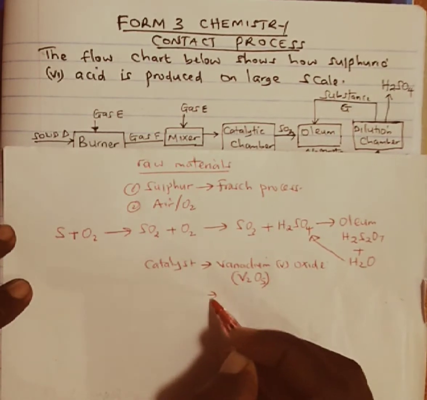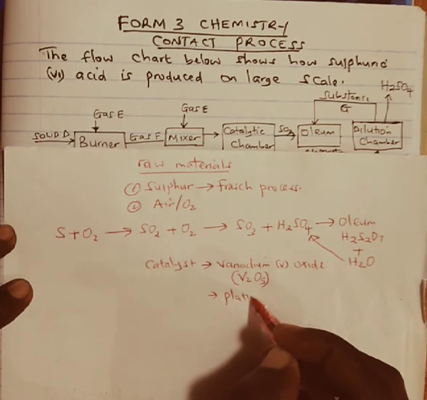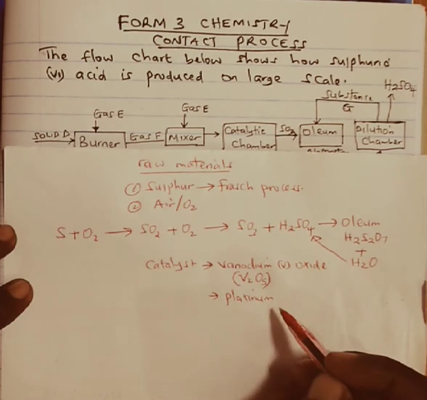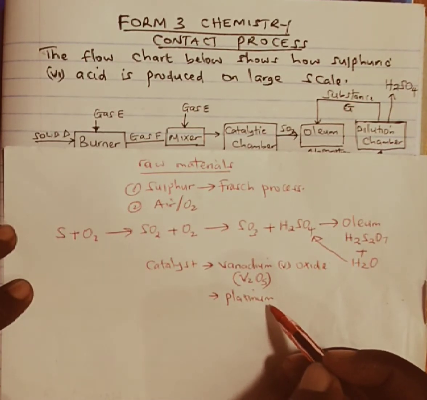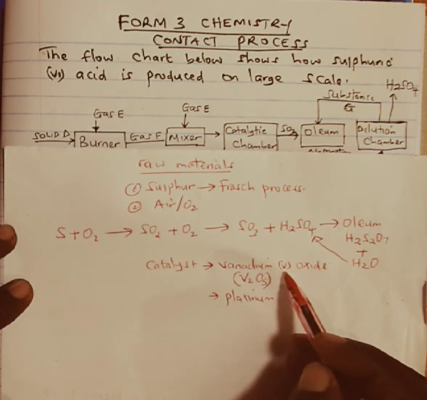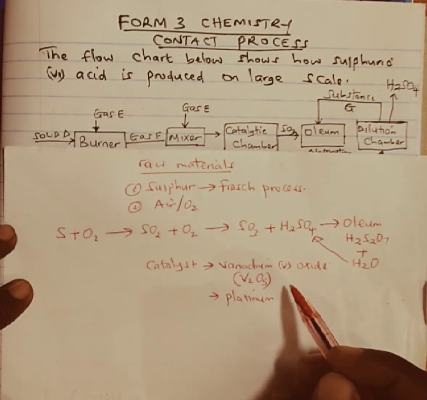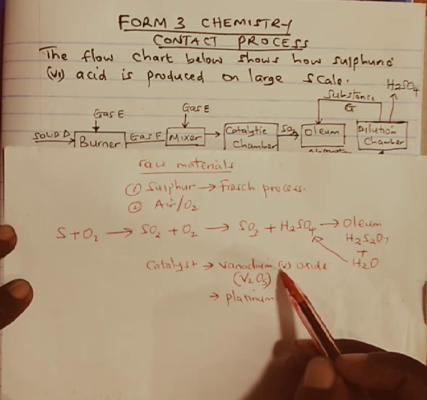We can also use platinum. Platinum is the most efficient catalyst, but we don't always use platinum. We use vanadium 5 oxide because of two reasons. Number one, vanadium 5 oxide is cheaper. Number two, it is less easily poisoned.